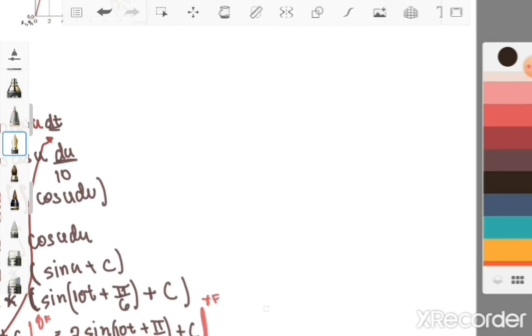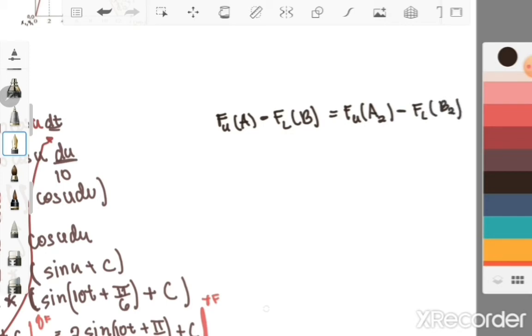So, we have F of upper at A minus F of lower at B is equal to F at upper A2 minus F of lower B2.